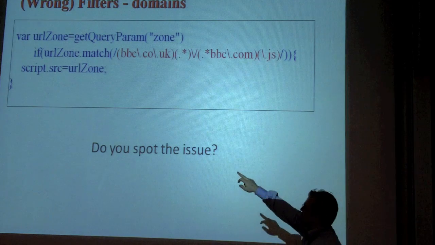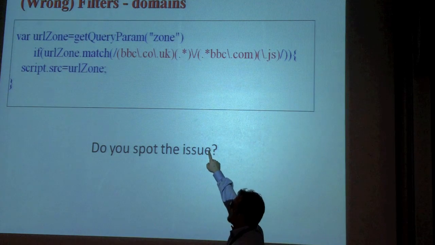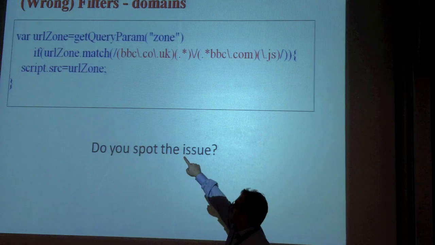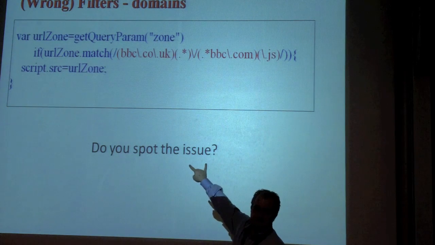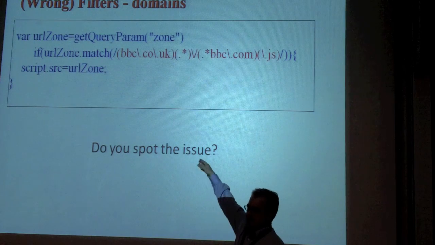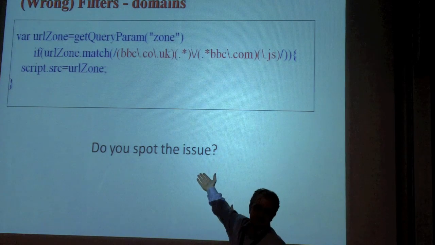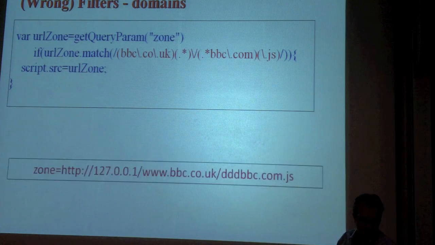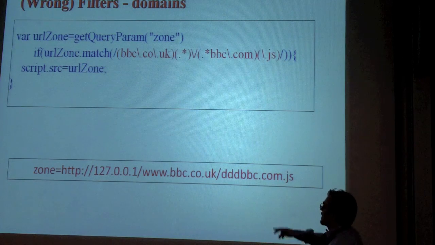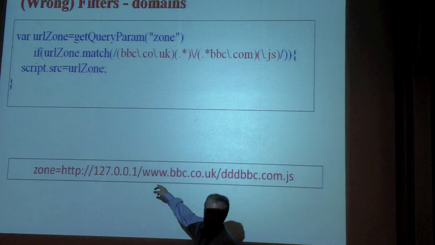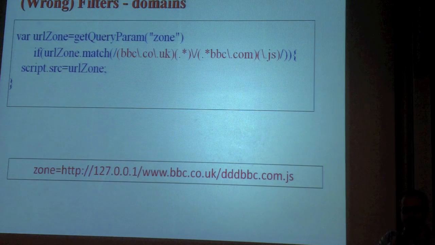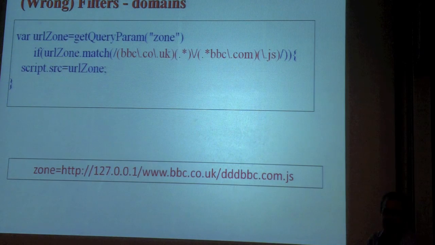This checks if the source of a script belongs to the BBC domain, but it's wrong, of course. In this case, there is no check for the beginning of the line, the beginning of the position.